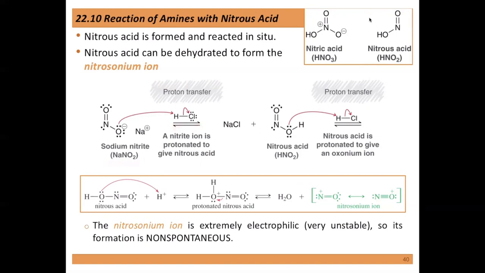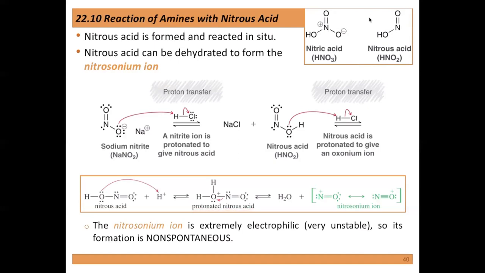And so the mechanism for that is we simply take the nitrite and protonate it. And when we do, that generates this nitrous acid. Now, in the presence of that acid, we can protonate it again. And when we protonate it again, like it shows down here, protonated nitrous acid, that water can leave.